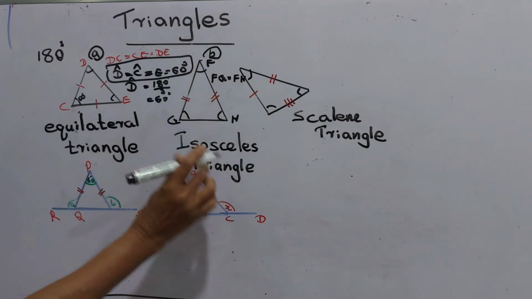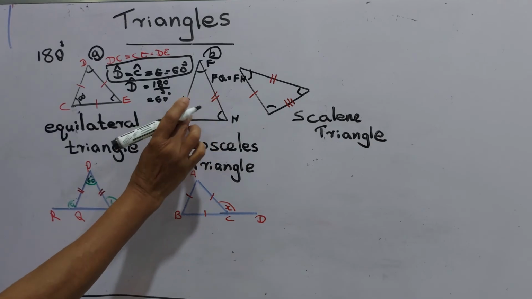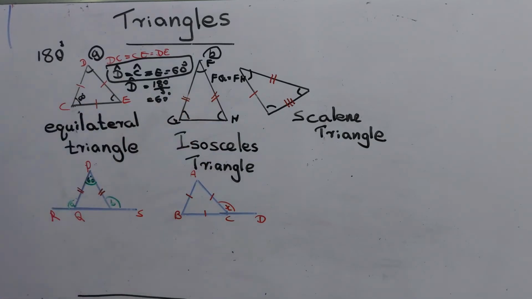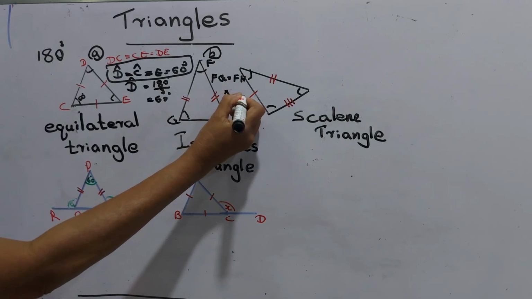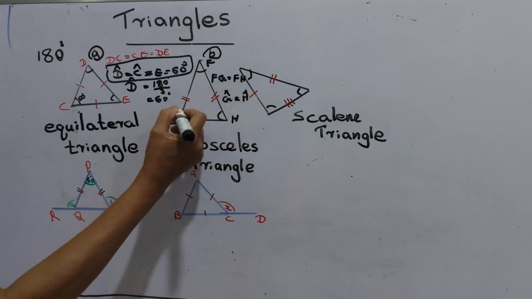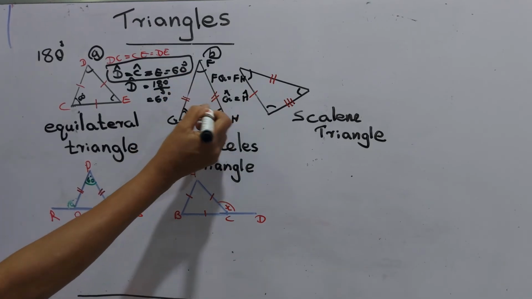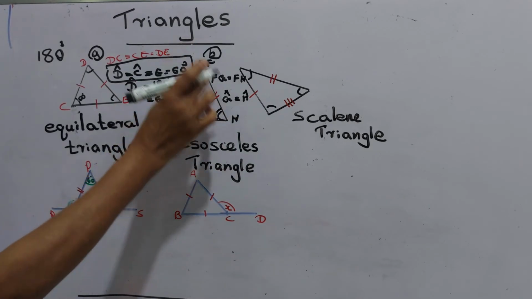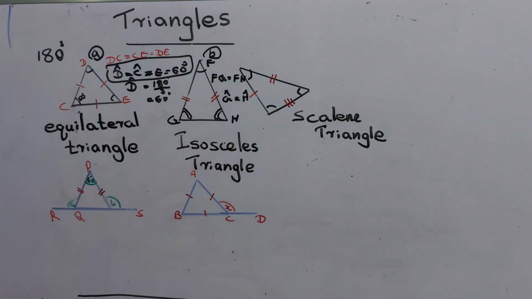In an isosceles triangle, the angles opposite the equal sides are equal. Here angle G equals angle H. These two angles are also equal because these two sides are equal. We name this an isosceles triangle.